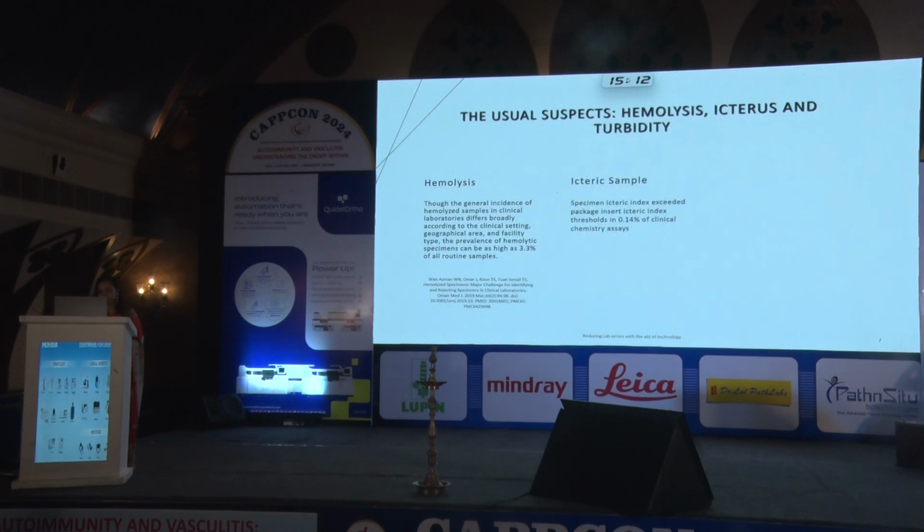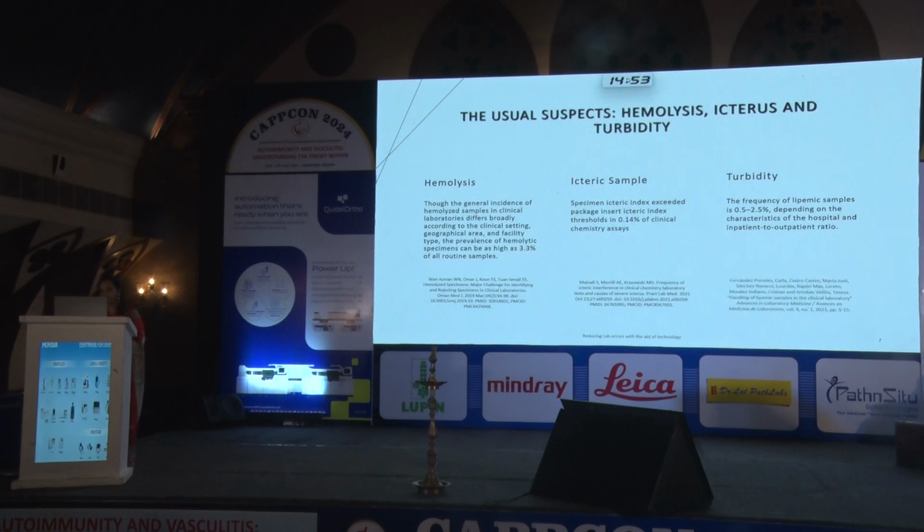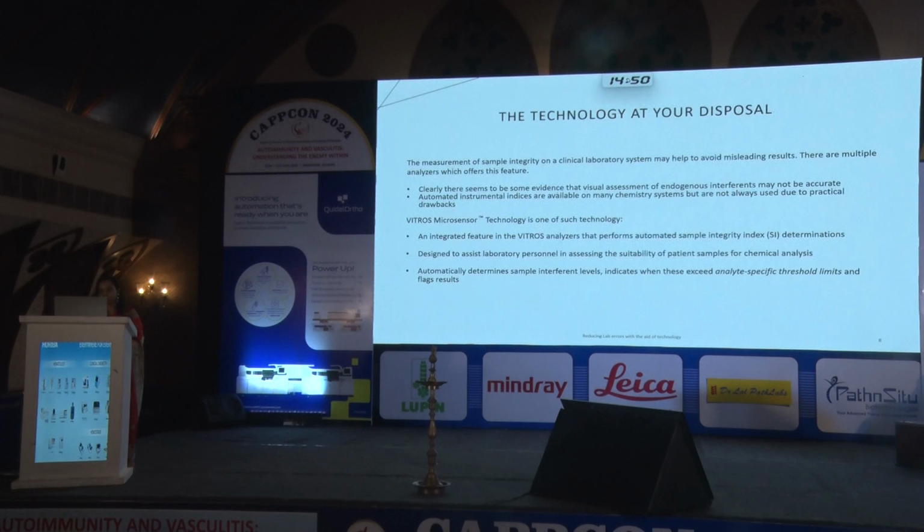Next is icteric samples. Another study shows that specimen icteric index exceeding the pack insert icteric index threshold occurs in 0.14% of clinical chemistry assays. The next one is turbidity. According to a Spanish study, the frequency of lipemic samples is 0.5 to 2.5%, depending on the characteristics of the hospital and the IPD-OPD ratio. So what is the technology at our disposal?